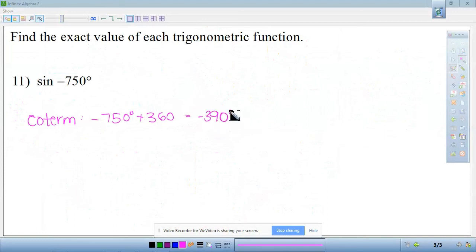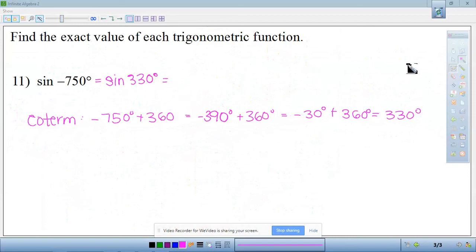And so if I add another 360, I'm left with negative 30. So I'm still not to the unit circle, so I add another 360. And I'm left with 330 degrees. So sine of negative 750 degrees will be the same as sine of 330 degrees.